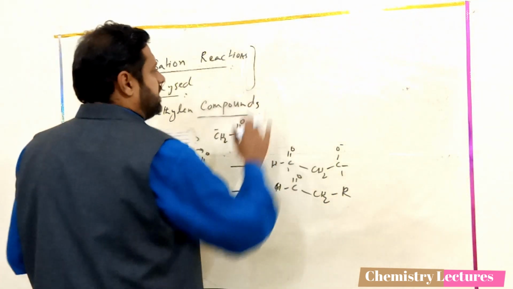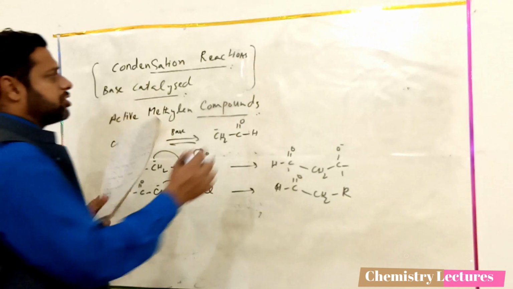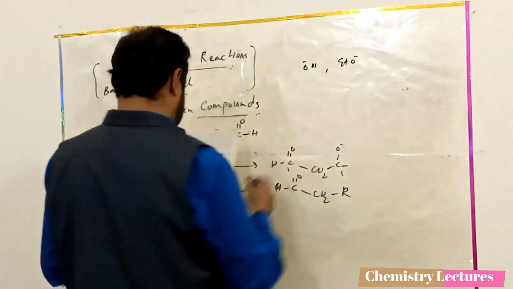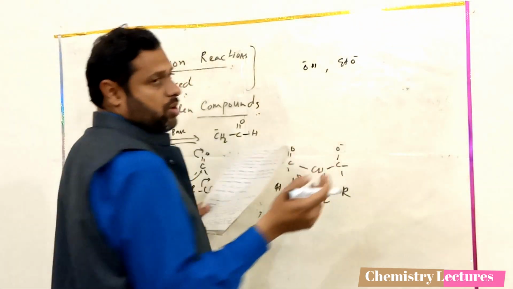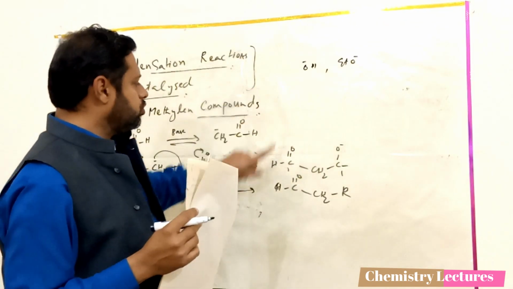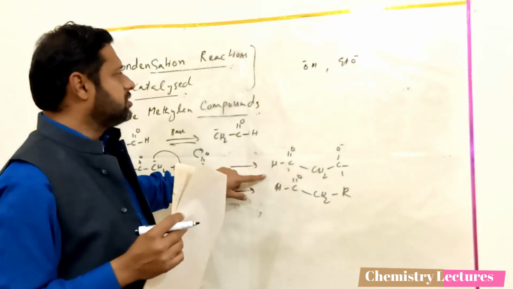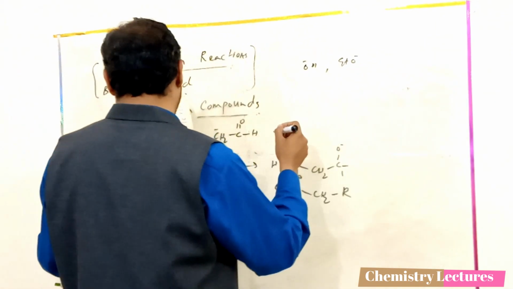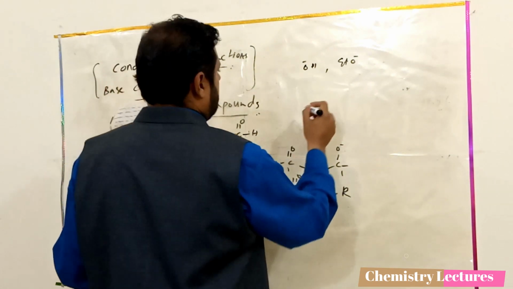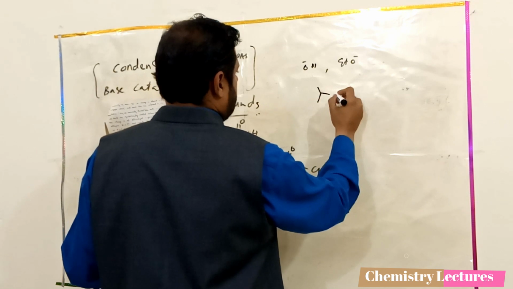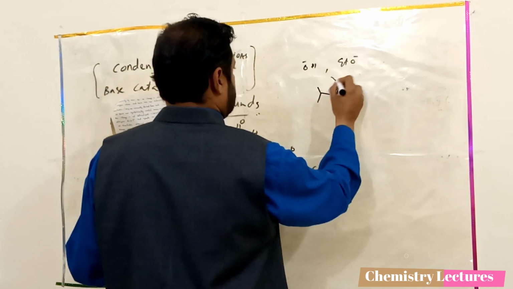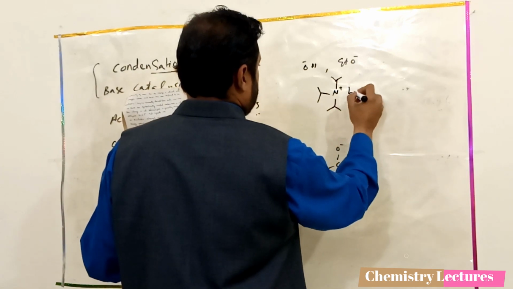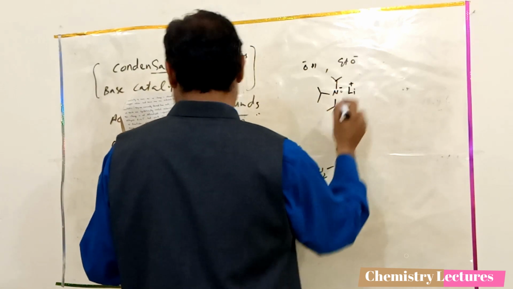And we have some bases which can be used. Most important bases that are used are hydroxide, ethoxide, ethanol, and so on. These are the bases that normally we use for the base catalyzed condensation reactions. And one base I want to mention is lithium diisopropyl amide. It has a structure like this one, with a positive charge here.